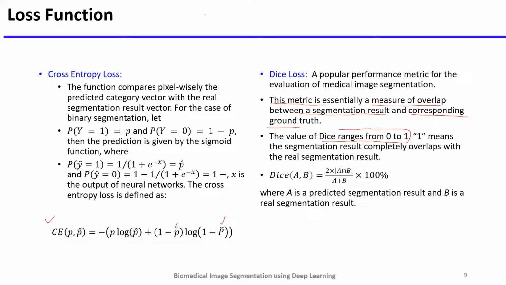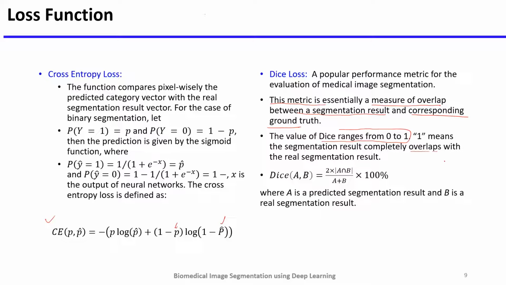And 1 means the segmentation result completely overlaps. So completely overlap means whatever segmentation the encoder-decoder model is giving is exactly what is known with the real segmentation. So dice of A, B as a loss is defined as 2 into modulus of A intersection B.